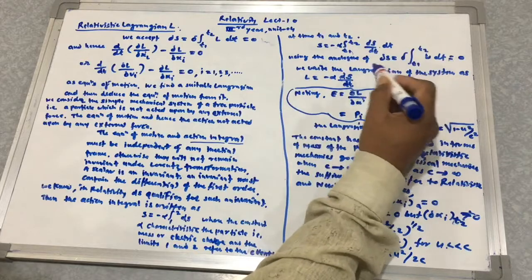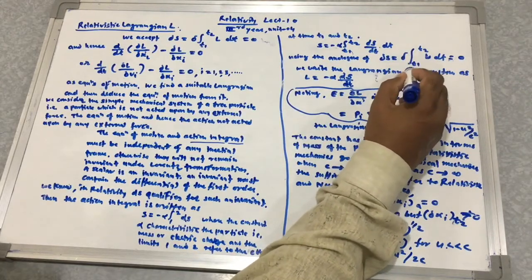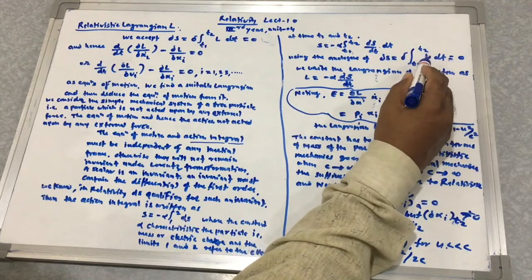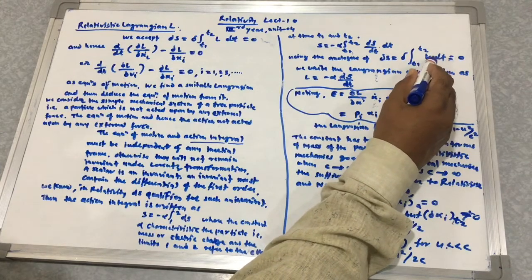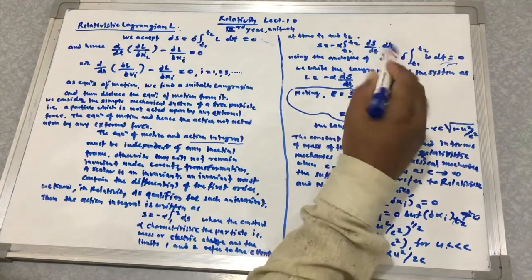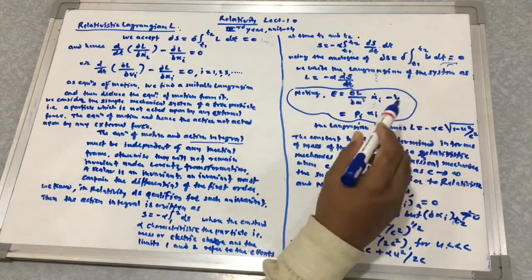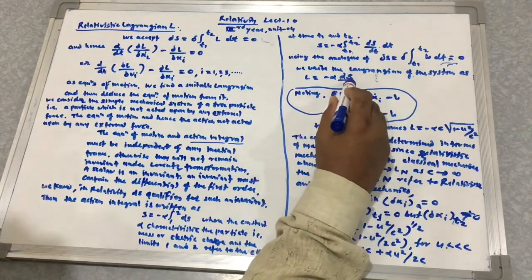So using the analogue of delta S is equal to delta integral from t1 to t2 of Lagrangian dt, that is equal to 0, it must be 0. So we write the Lagrangian of the system as L is equal to minus alpha into ds upon dt.